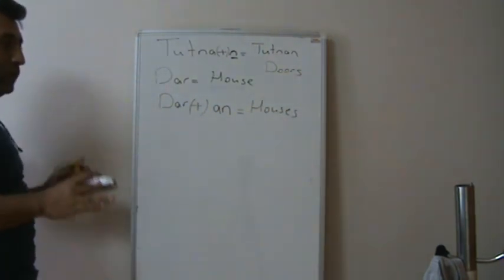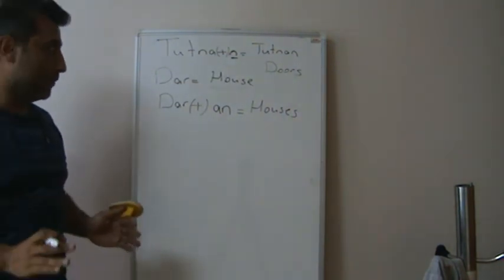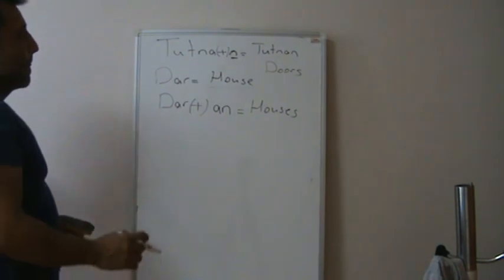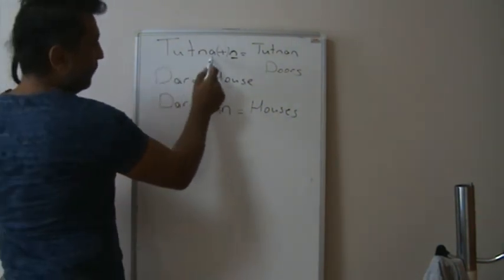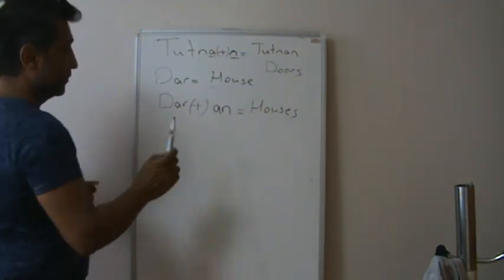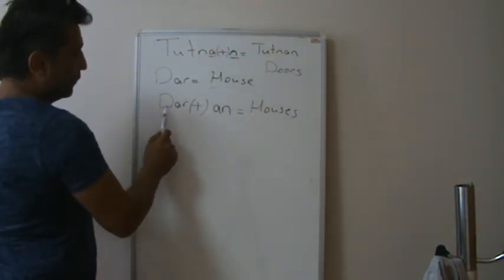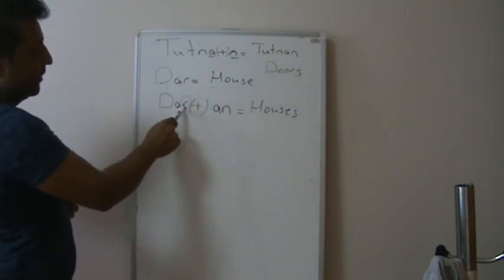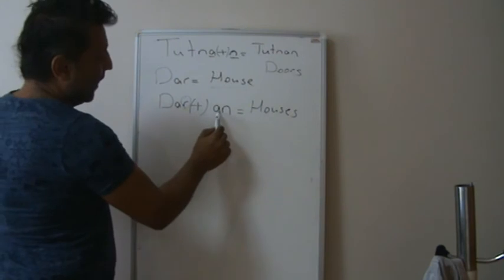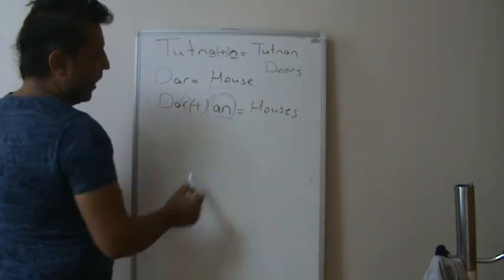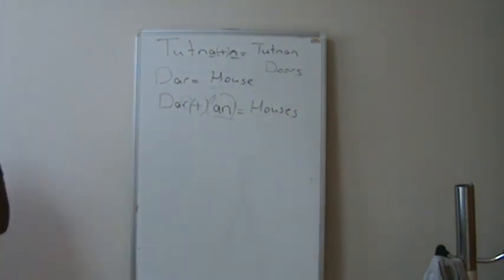So simply, if the noun ends with a vowel, we simply add the n sound. But if the noun ends with a consonant, like here, r, then we add the an suffix. Houses, daran, daran.